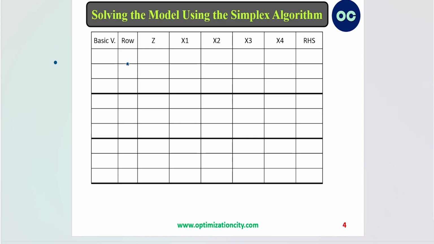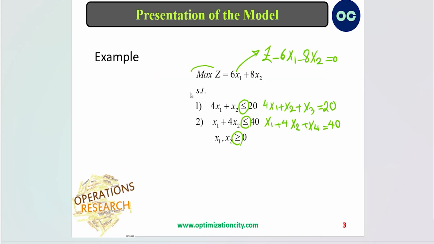The coefficient of z. This is the z. The basic variable for the first row, row number 0, is z. This is the row for the objective function. The coefficient of z in row number 0 is 1, and 0 elsewhere, because we don't have any z in constraint number 1 and constraint number 2.